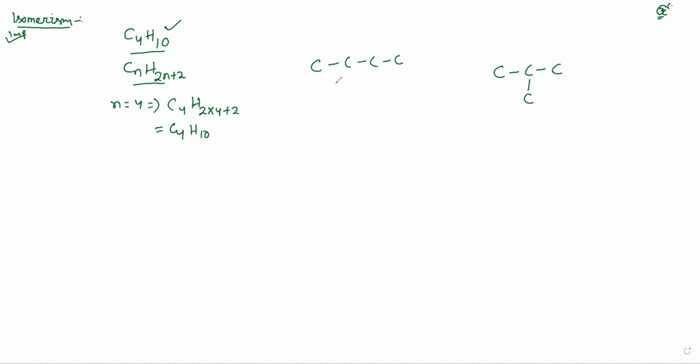These are the two ways I can represent 4 carbons. To satisfy the valency of carbon, that is 4, I write H3, H2, H2 and H3. Here only 1 will be there, CH3 will be there and this will become CH3.